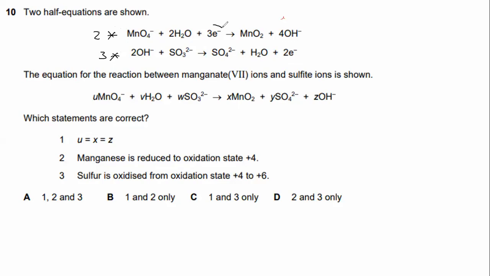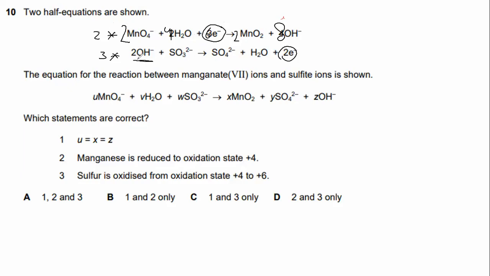In this scenario, the electrons will be 6 here and 6 here as well. So we will have 2MnO4 minus, we will have 4 H2O, 6 electrons here, and we will have 2 MnO2 and 8 OH minus.